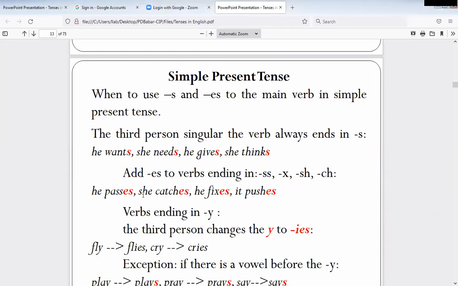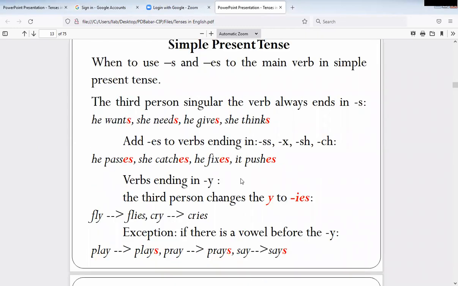Then if verbs are ending in y, what will be the suffix that we'll have to add? Let's see. Verbs ending with y. So the third person changes the y to ies.